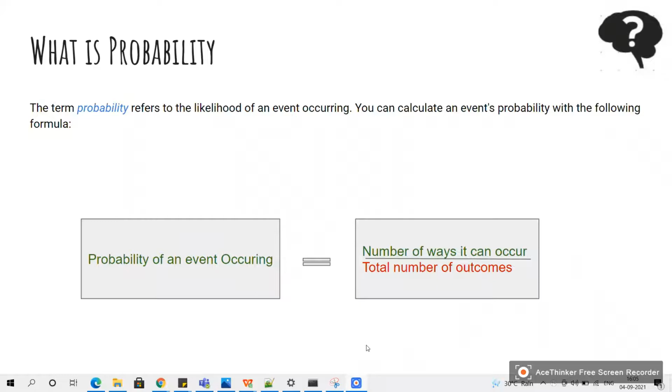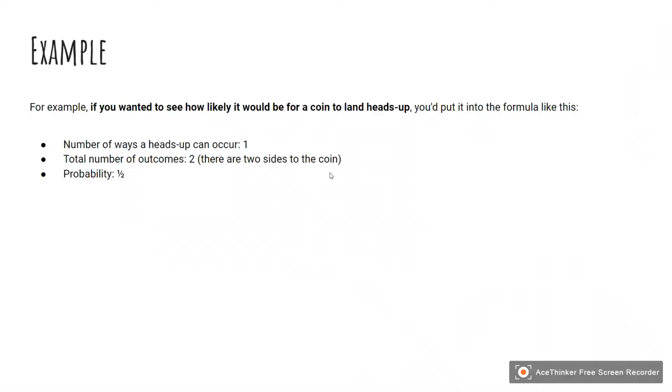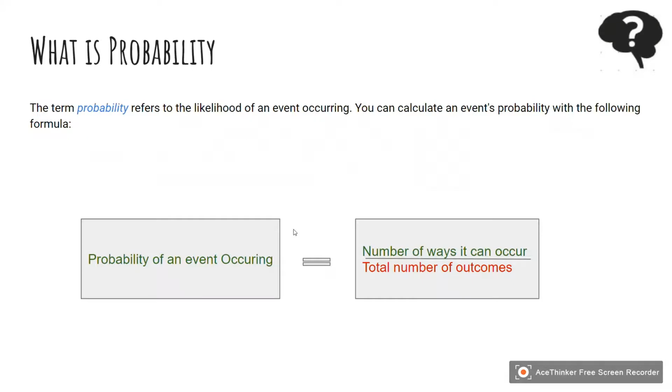Probability of an event occurring is equal to the number of ways that event can occur, divided by the total number of outcomes. Let's take an example to make it a little more concrete. Let's say you are going to toss a coin and you want to know how likely it is that it will land heads. Looking at the above formula, it says the number of ways it can occur divided by the total number of outcomes.